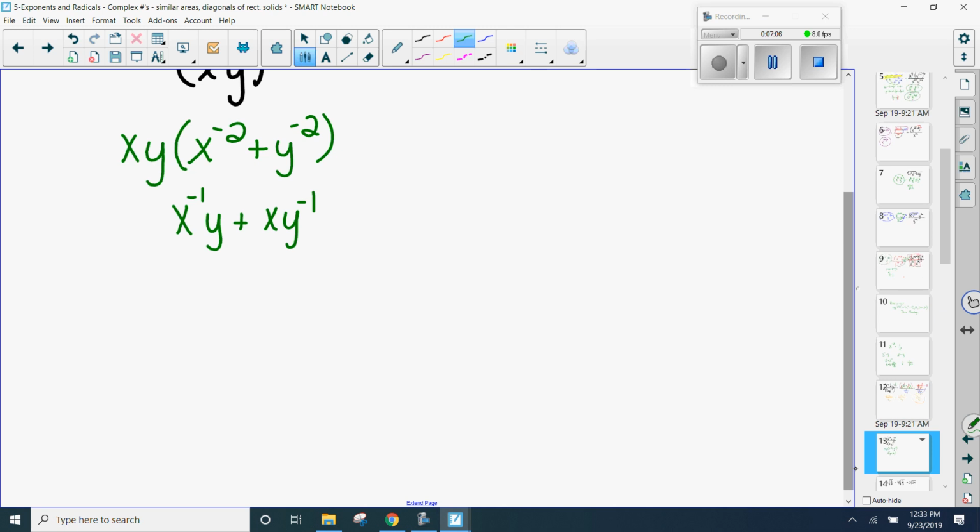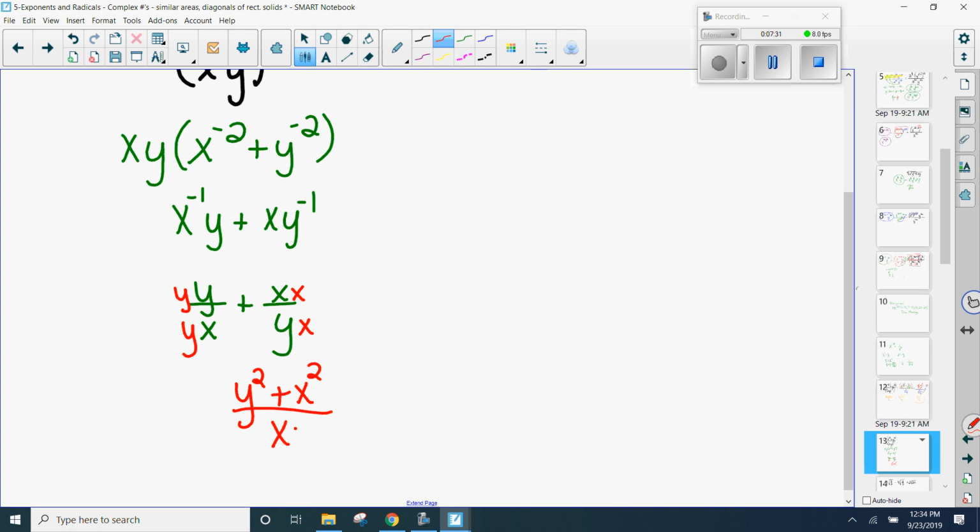It's okay if you want to do that, but for some professors, that could be an answer that they want. What your book is wanting, though, is for you to write that as positive exponents and then go ahead and get a common denominator. And your answer becomes y squared plus x squared over xy.